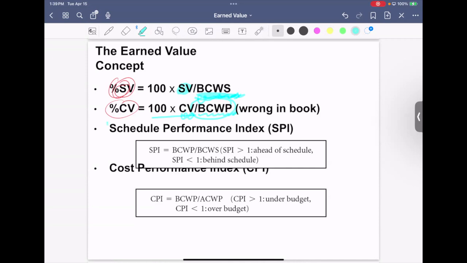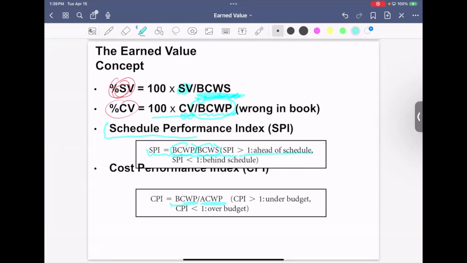So with this, we can also derive other indices like SPI, which is BCWP divided by BCWS. If BCWP minus BCWS is more than 0, same thing, this one divided by this one is more than 1. That means you're ahead of your schedule, right? And then you have BCWP divided by ACWP.